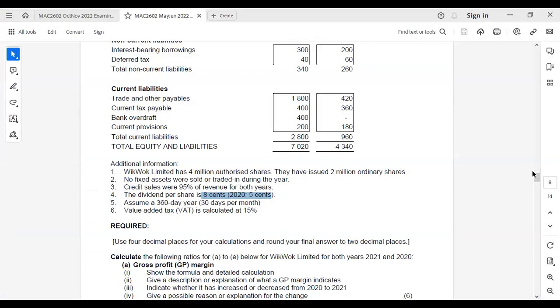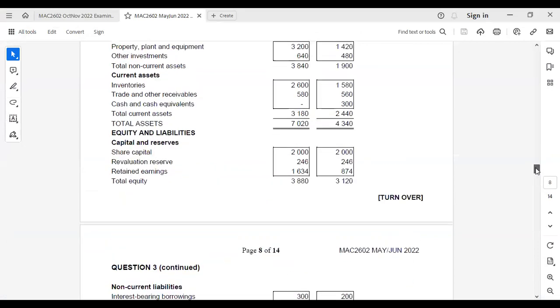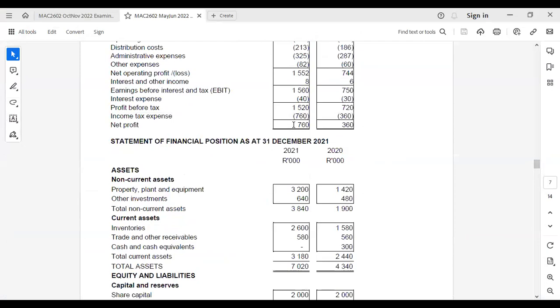Here, we know that our earnings are 760,000 and 360,000, then we divide by that 2 million.